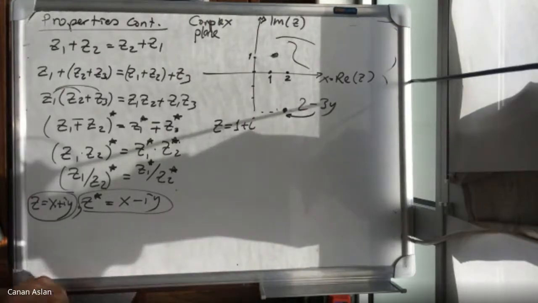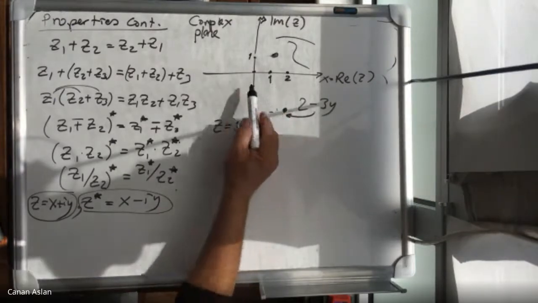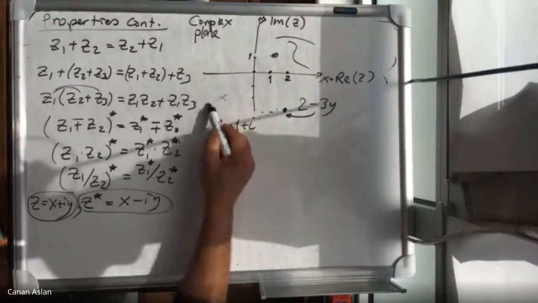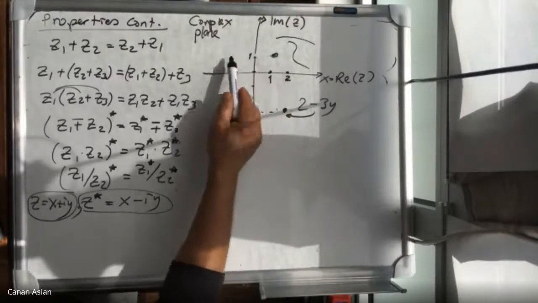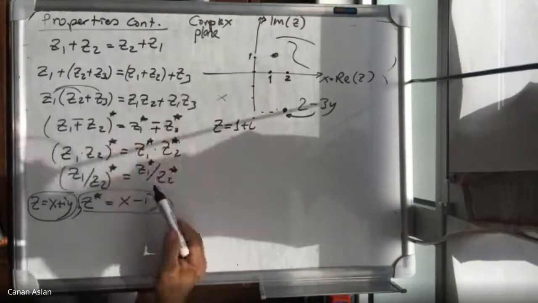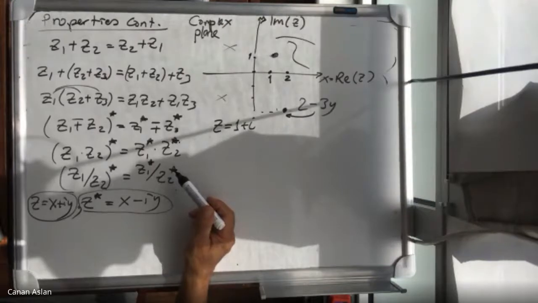Basically, the imaginary part is negative, but the real part is positive. If both of them are negative, then it is in this region, and if the real part is negative, but the imaginary part is positive, the point is going to be in that part of the plane.